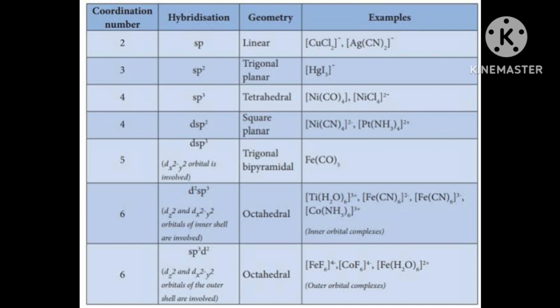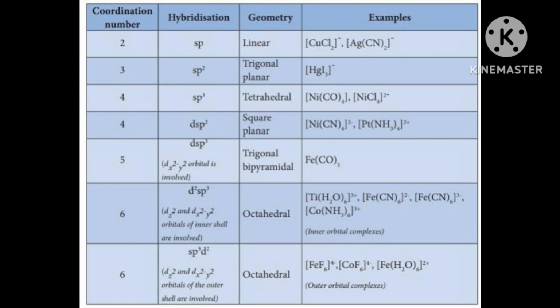And here one thing you have to remember, very important: now 4 d orbitals have an unpaired electron, a single one. Out of these 4, what will happen? These will be paired only among themselves, inside the d only. Means this 4 unpaired was there, now 2 came and paired.